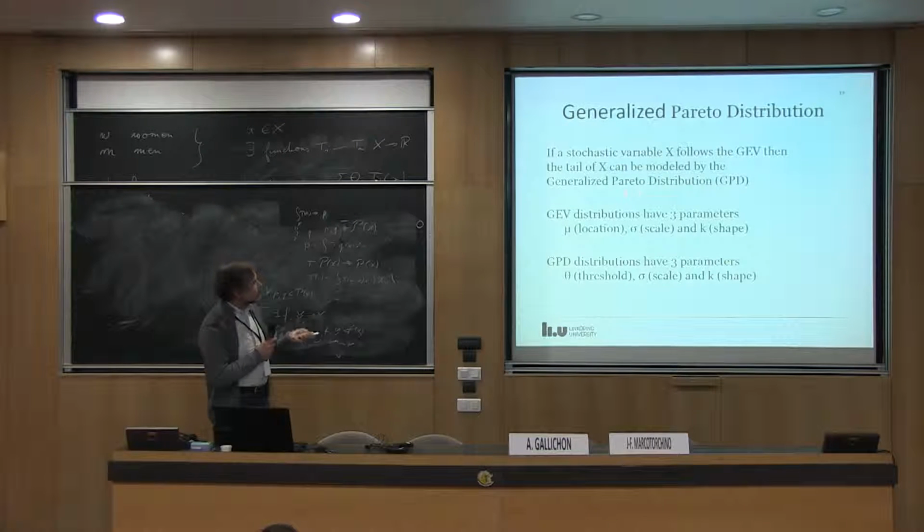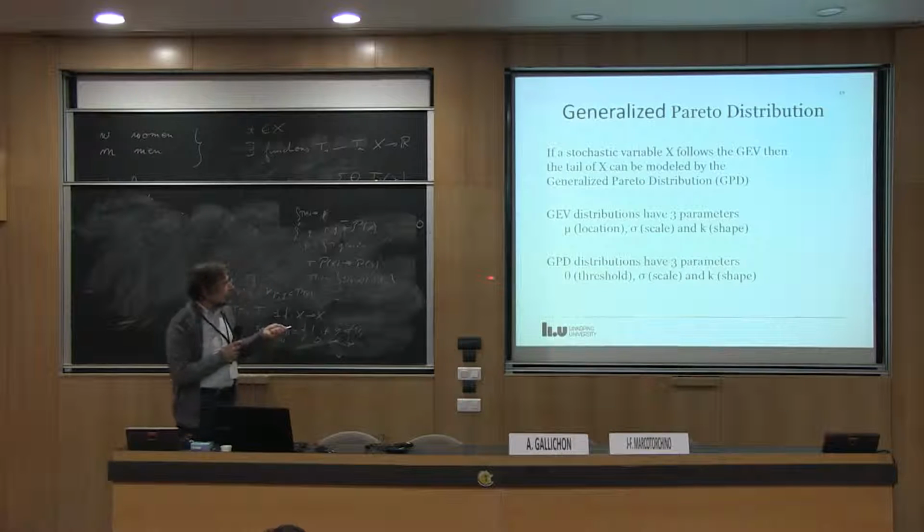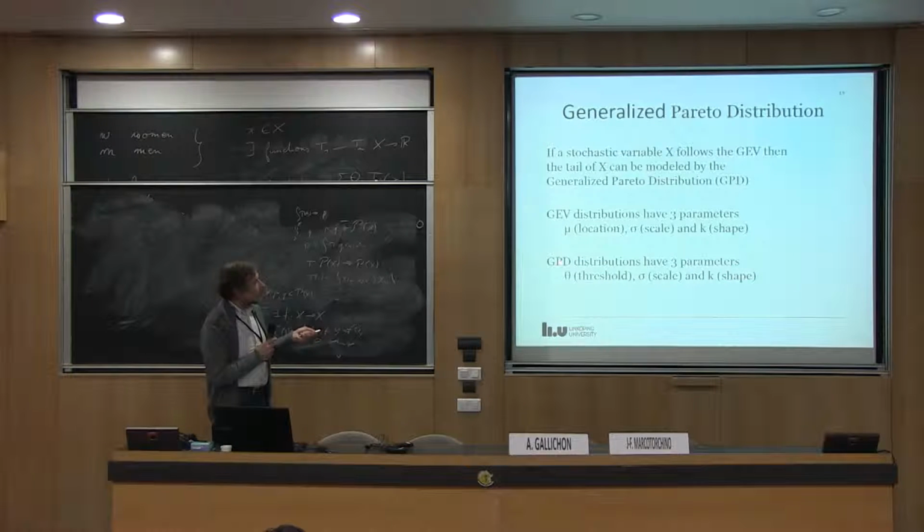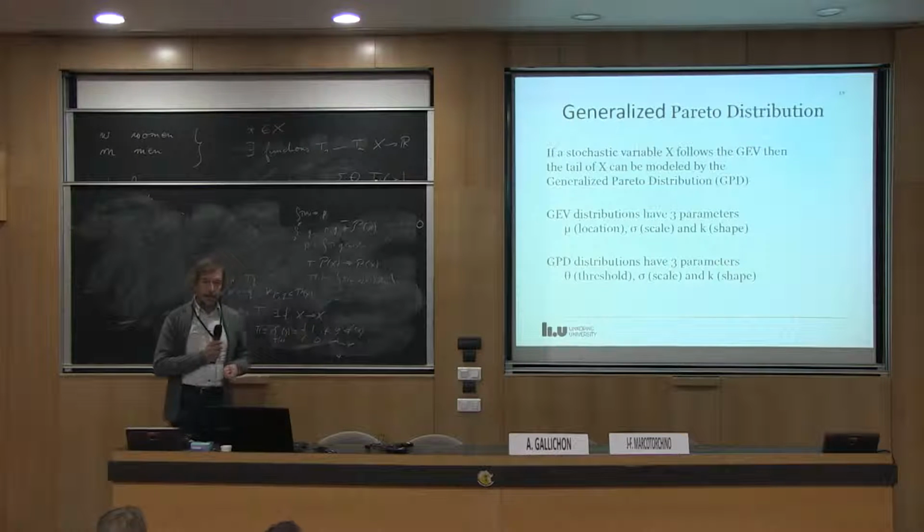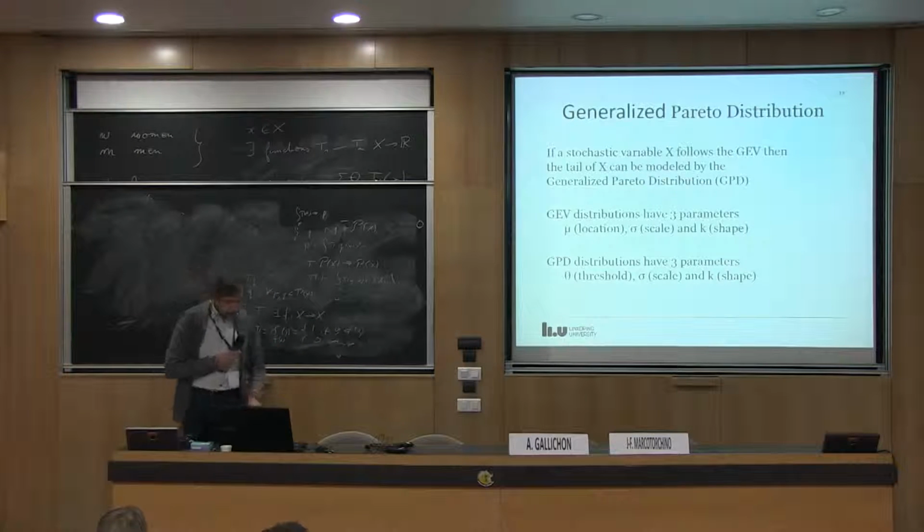And these extreme value distributions and the Pareto distributions have 3 parameters. For the Pareto distributions, one of the parameters is the threshold, and you can forget that because it is the same for everybody. So in practice, you have a 2-parameter distribution family.